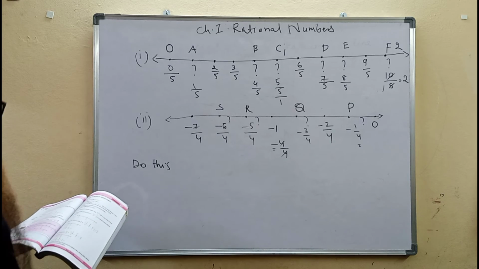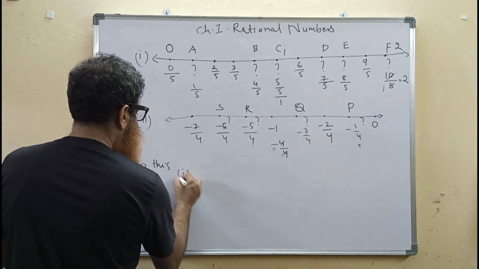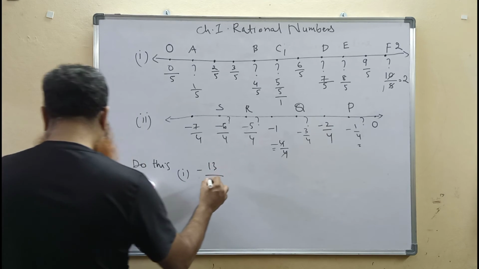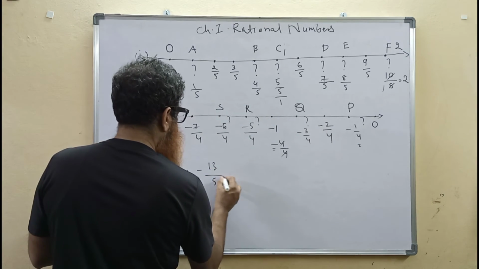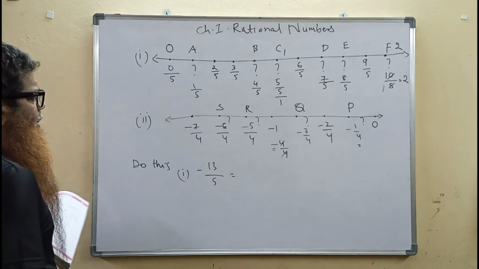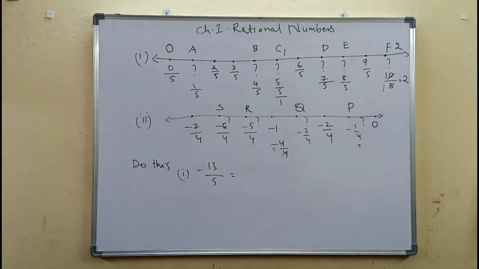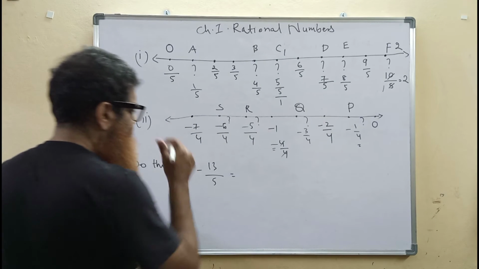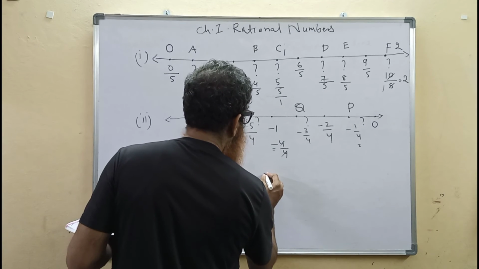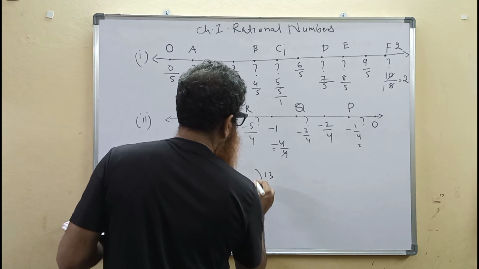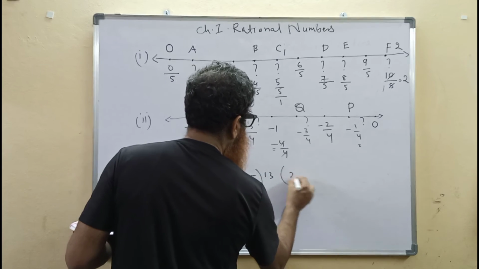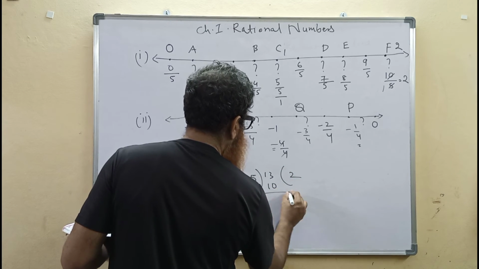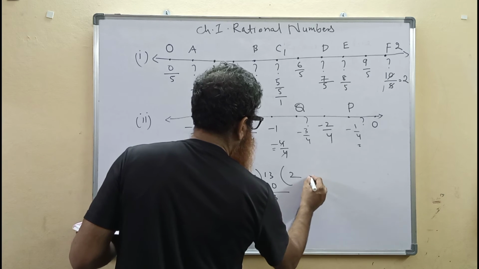Please represent minus 13 by 5 on the number line. It is minus 13 by 5, represent minus 13 by 5 on the number line. It is 13 divided by 5. 5 twos are 10 and 3 is the remainder.